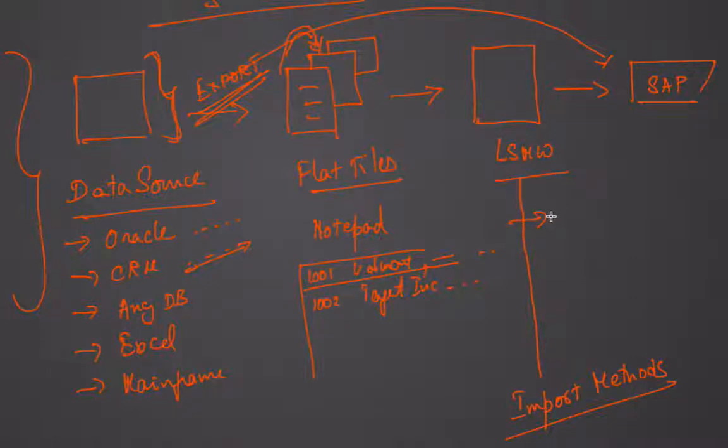Well, the first and the most important one is what's called a recording. So it's quite literally a recording of a transaction. It could be a customer master, or it could be a sales order, or any transaction you like. You just record the transaction and SAP plays it back again and again and again. It's like you teach a parrot something and then it says the same word again and again. You just change the values. For example, the first customer is Target, the second customer is Walmart, the third customer is Sam's Club.